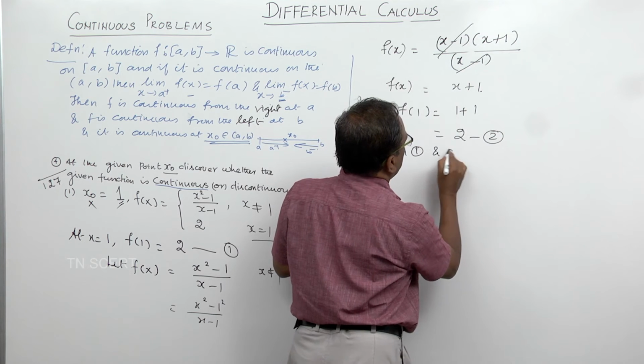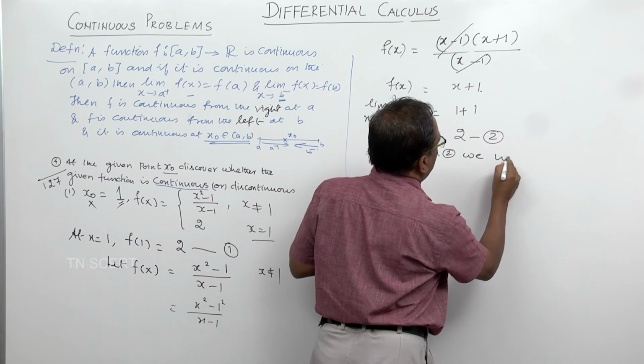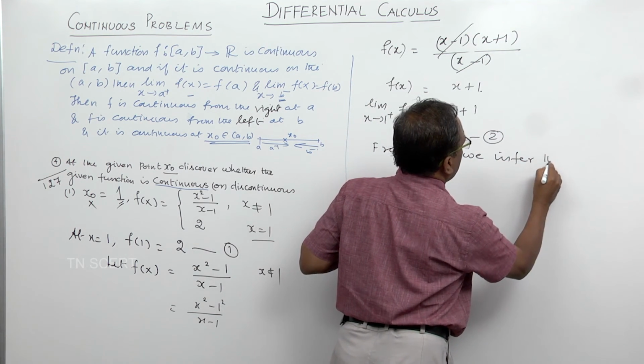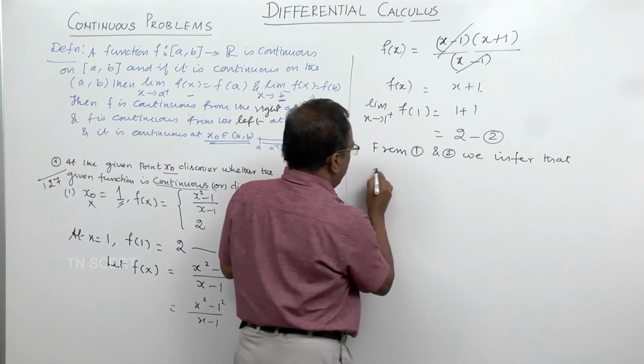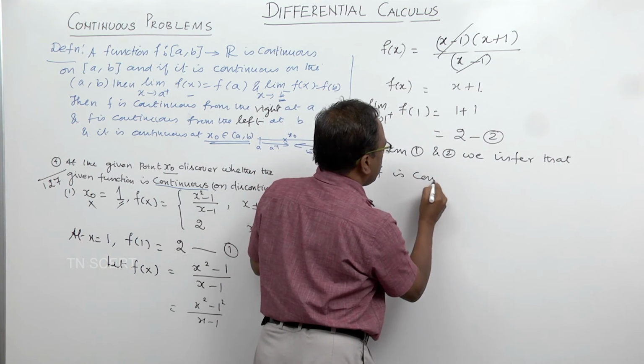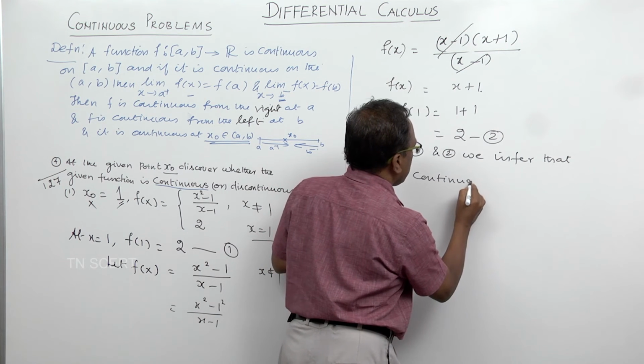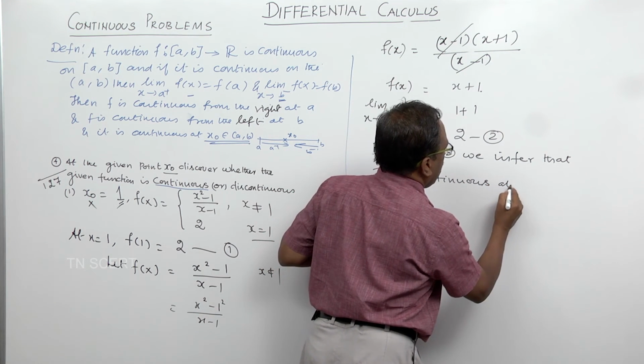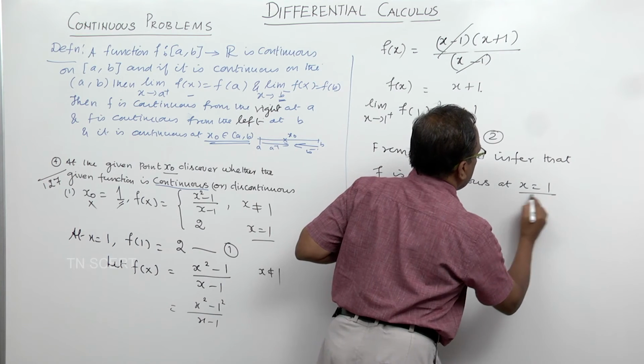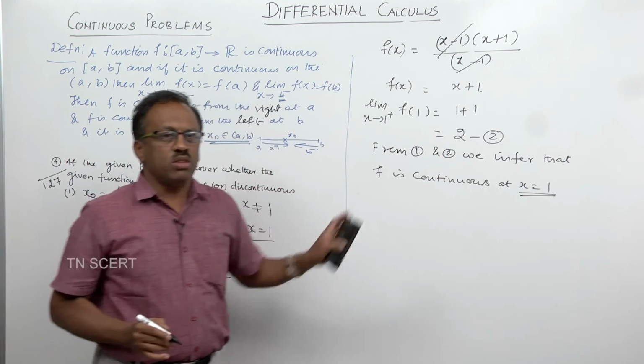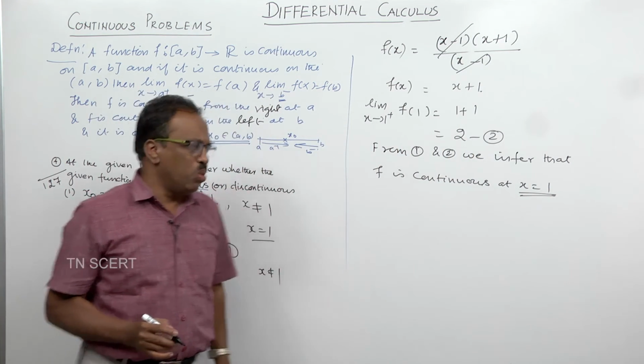From 1 and 2 we infer that f is continuous at x is equal to 1. This point is a very important point at x is equal to 1.